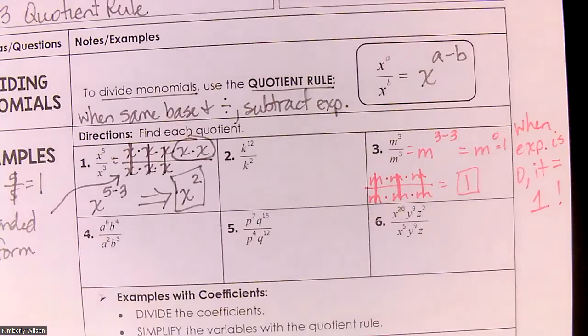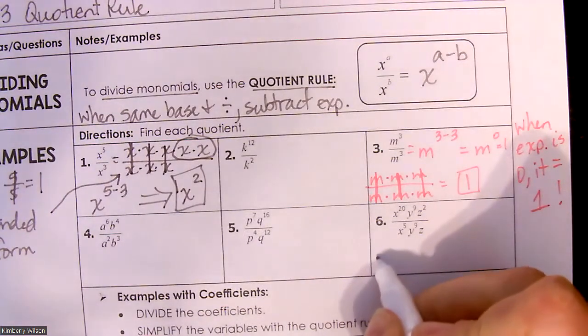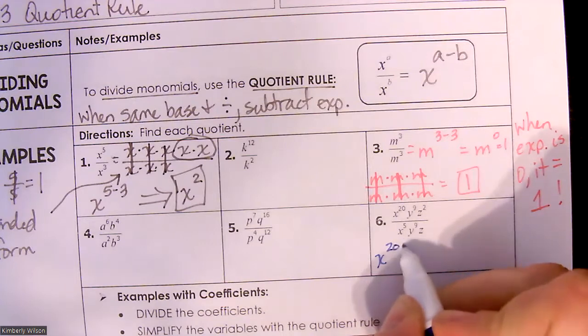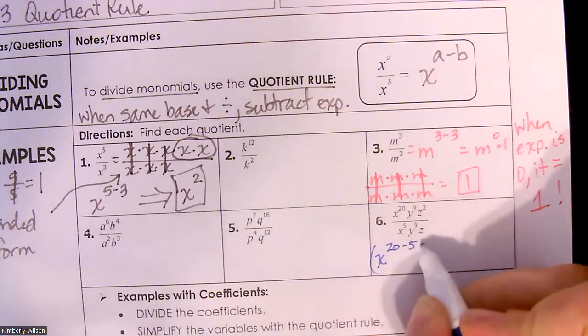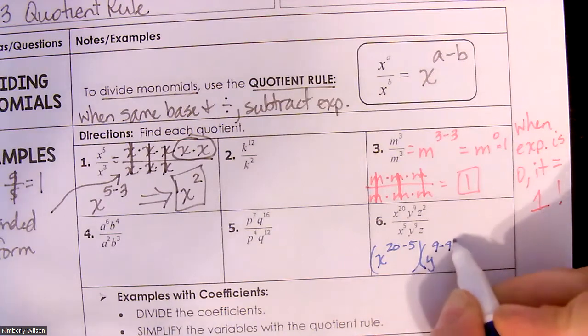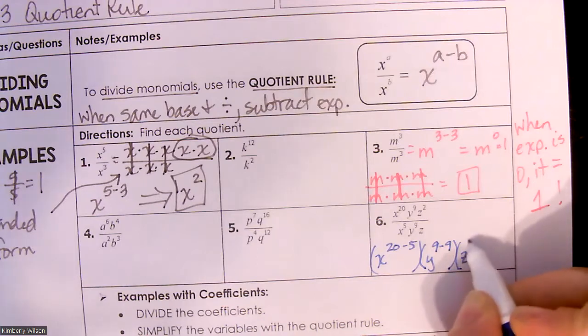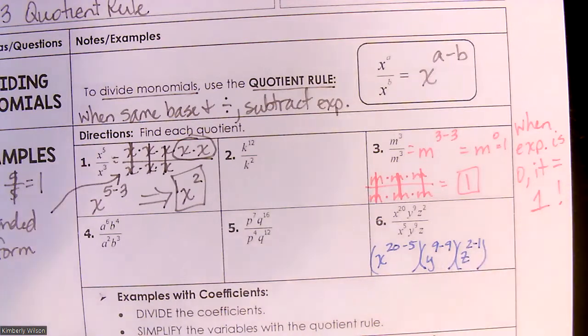Okay, moving right along. Number 6. So I'm going to have x to the 20 minus 5 times y to the 9 minus 9 and z to the 2 minus 1.